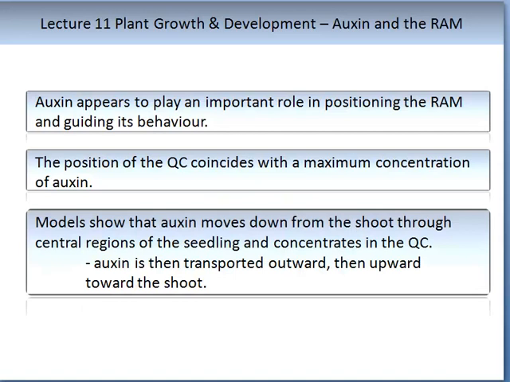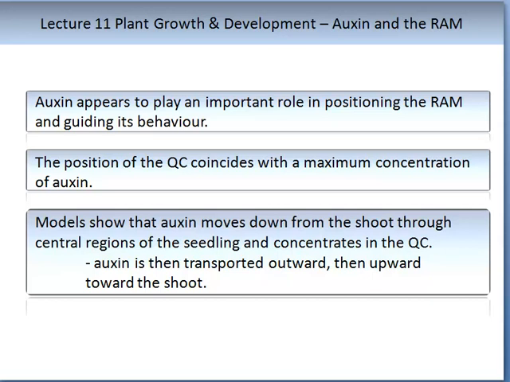Let us talk about auxin and the role it plays in the root apical meristem. It is believed to play an important role in positioning of the root apical meristem and guiding its behaviour. The position of the QC coincides with a maximum concentration of auxin. Models show that auxin moves down from the shoot through central regions of the seedling and concentrates in the QC.